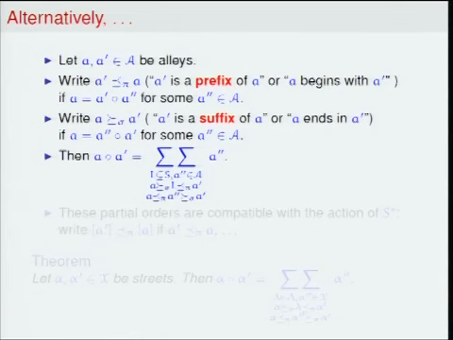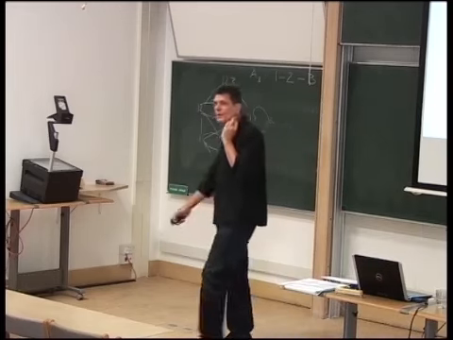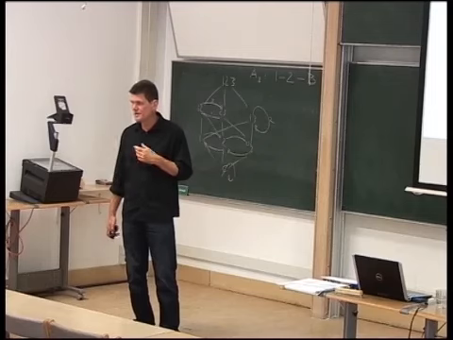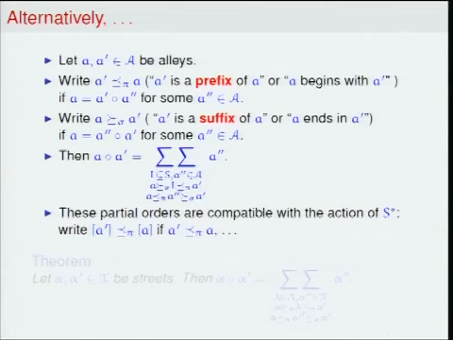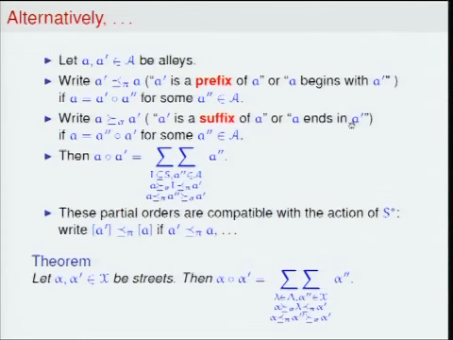The interesting thing here is that the action of the free monoid is compatible with this concept of prefixes and suffixes, so that one can talk about streets being prefixes of one another or suffixes of one another, and one can describe the product of streets in an analogous fashion, where the product of two streets alpha and alpha dashed is a double sum once over all shapes and then once over all streets, with the property that alpha and alpha dashed must have a common shape in the middle so that they can be multiplied.